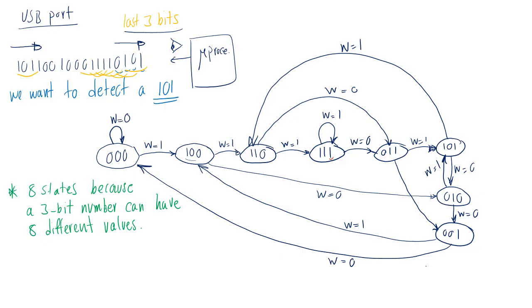And then for each state, I know that from this state to the next state, it's a serial port. So I'm going to get 1 bit at a time. At every positive edge of the clock cycle, let's say, 1 bit at the right is going to be thrown out, and 1 bit to the left is going to be added, right? So that bit that is coming in could be either 0 or 1, only 2 different values, right? So I considered all those possibilities for all the 8 states.